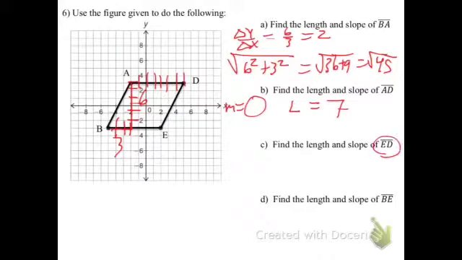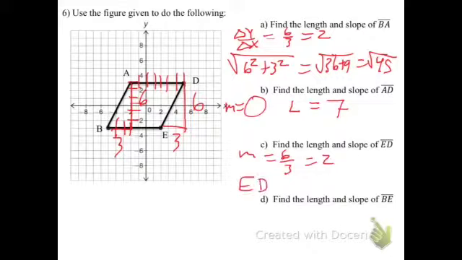And if I look at ED here, I notice that my change in x is also 3, just like my one over here. And the change in y is 6, just like it was over here. And so my slope here is going to be 6 over 3, which is 2. And the length is actually, here, I don't want to put L, I'm going to put ED.